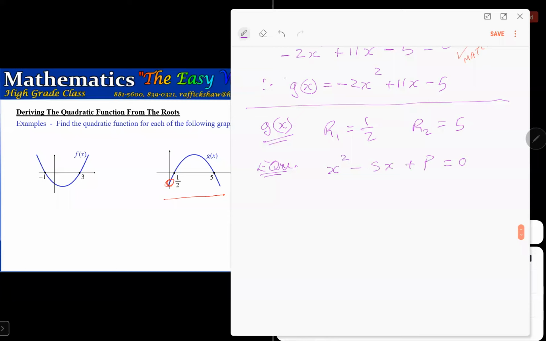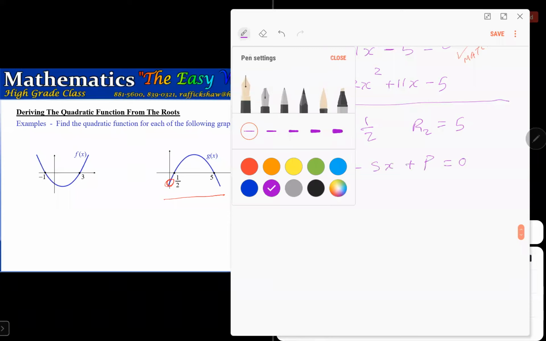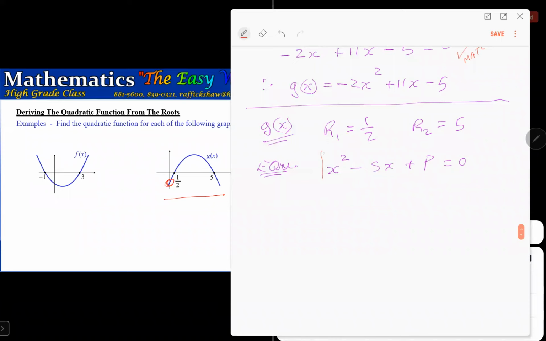This is the one that we're using now. It's up to you whichever one you want to use, whichever one you feel more comfortable with. We're forming the equation from the roots. You have two ways to do it. You can use this one, the sum and product of the roots, or you can use the other one, the factor form, x minus r1, x minus r2.